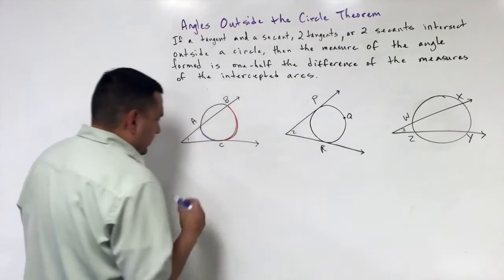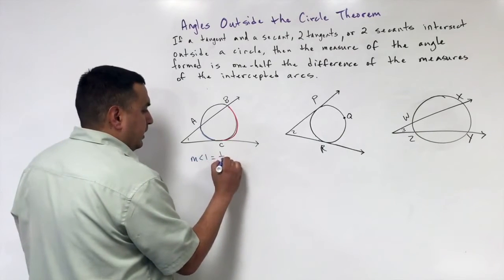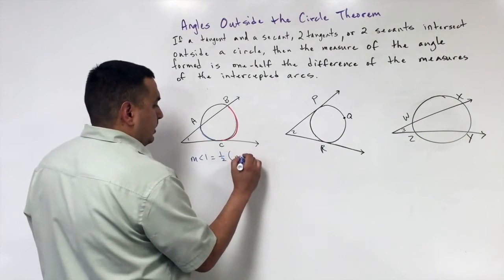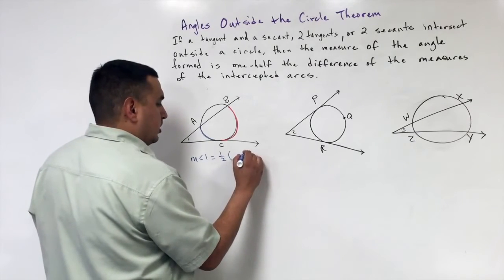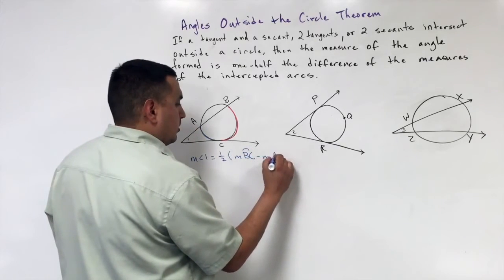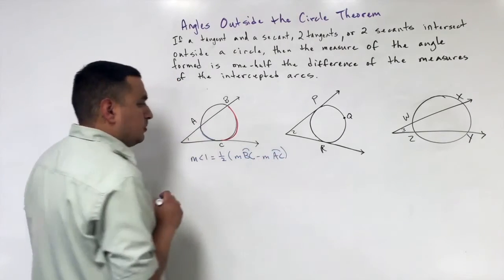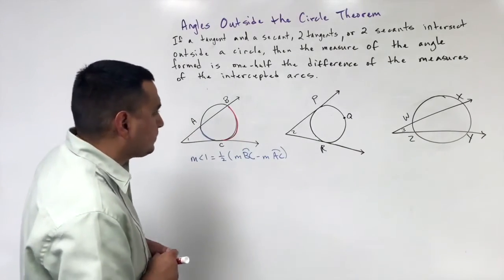So let's say the measure of angle 1 is going to equal 1/2 the measure of arc BC minus the measure of arc AC. Okay, so I have to subtract the two intercepted arcs.